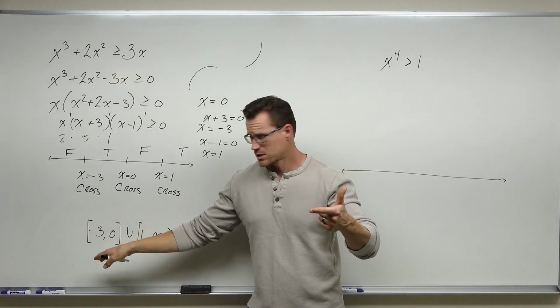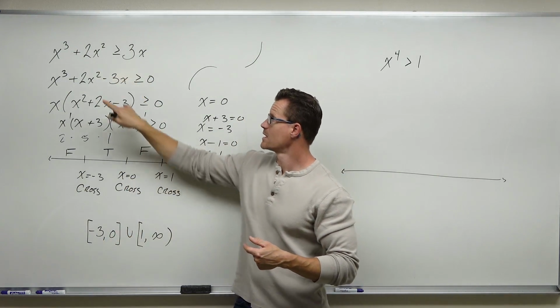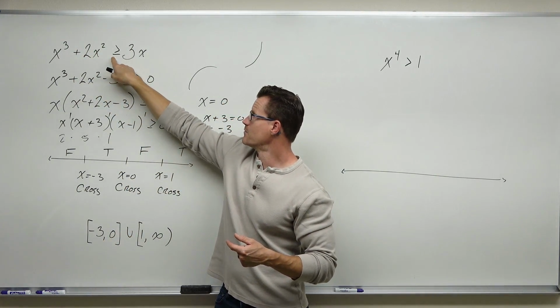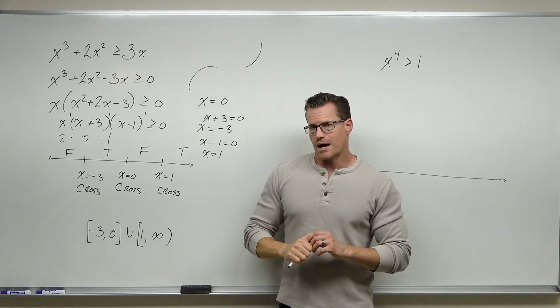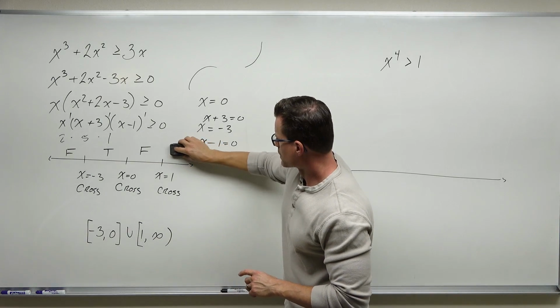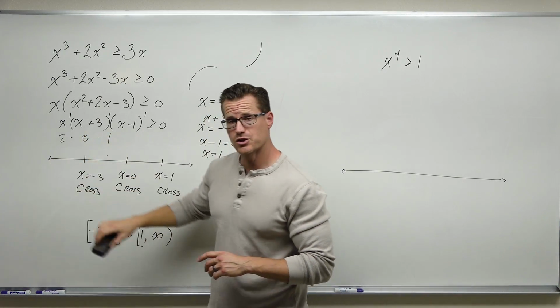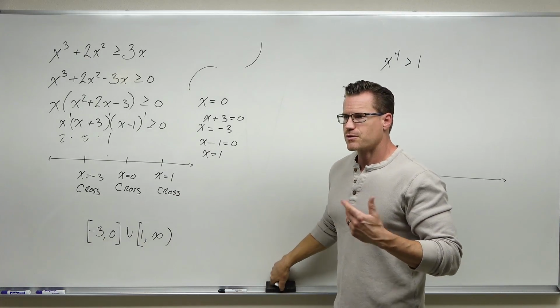What are the inputs that cause this to be true? What are the inputs that cause these outputs to be above or equal to those outputs? There they are. They're right there. Graphically, similar, but done a little bit different. So we're going to get the same truth, but you're going to get a picture of it rather than just the true, false, true. Which one's better? Whichever one makes sense to you.